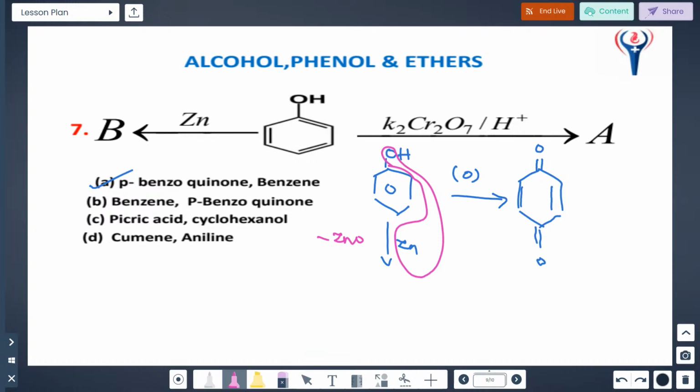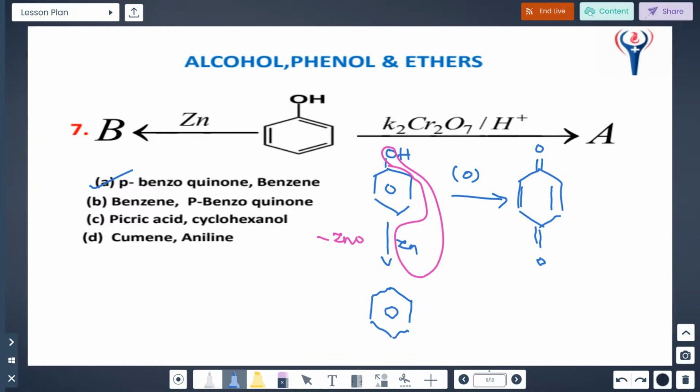If you remove oxygen, the H goes here. Now it becomes C6H6. What is it called? Benzene. Benzene is obtained. We get benzene, understood? So simple.